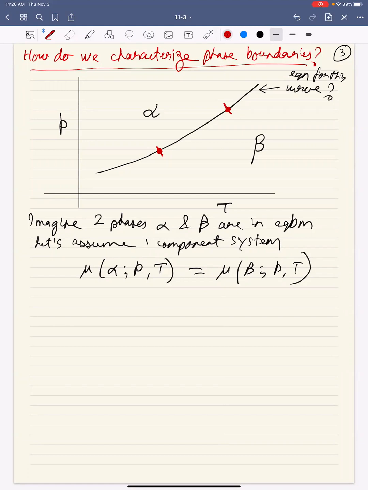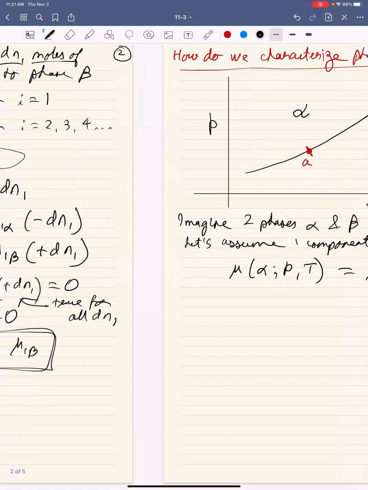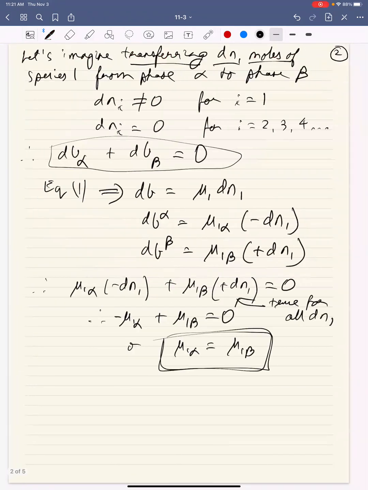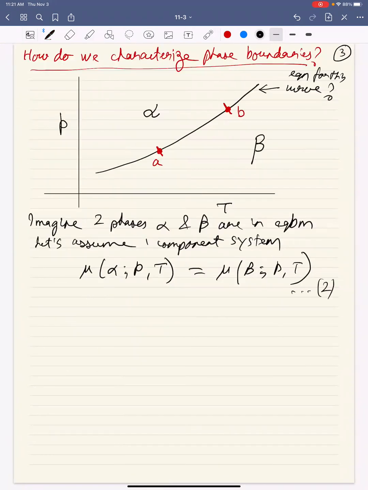So what we are going to do next is to take this into account. So let's say this is point A, and let's say this is point B. And we call this equation number 2.